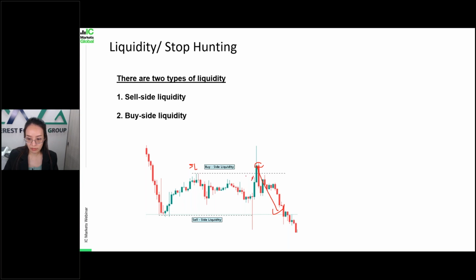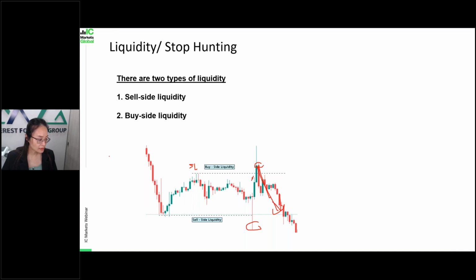For example, you sell here, get stopped out, and then you see the reward here. And buy side liquidity, basically they clear all the stops here of the sell side, right? That's why I got stopped out over here.